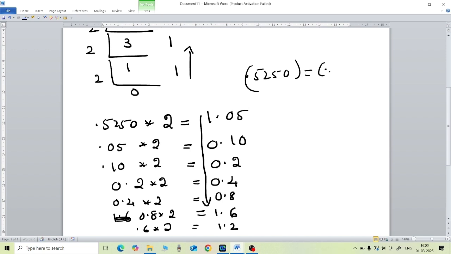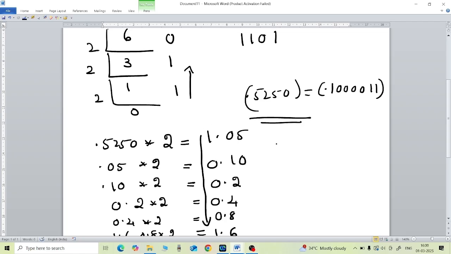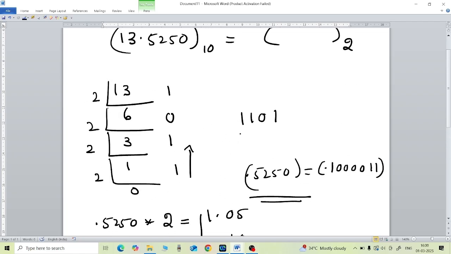Don't forget to place the point in front, then take the integers top to bottom, 1 0 0 0 0 1 1. Okay, now we'll have to combine both the fractional as well as the integer portion.